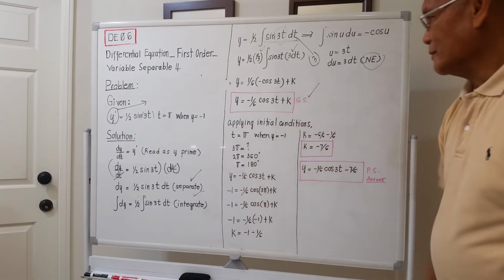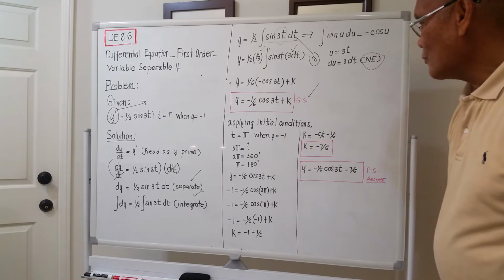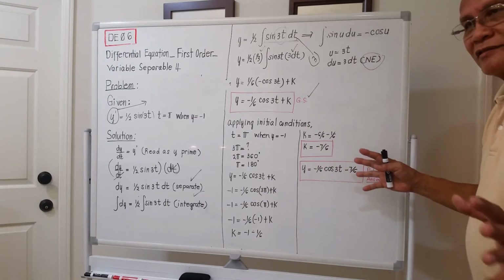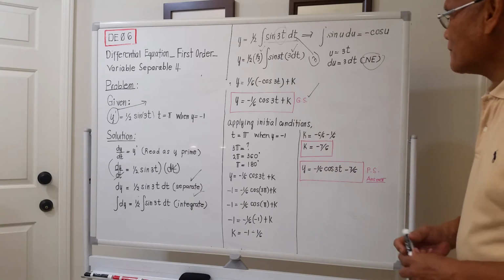It's always the same. When t is pi, y is equal to negative 1. Okay, let's try to imagine what 3 pi is. Why 3 pi?